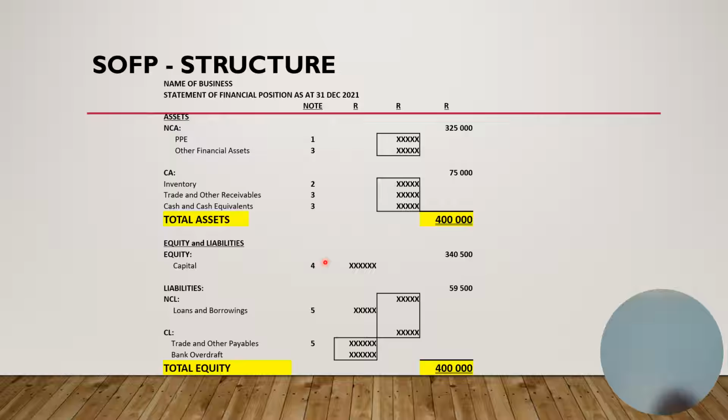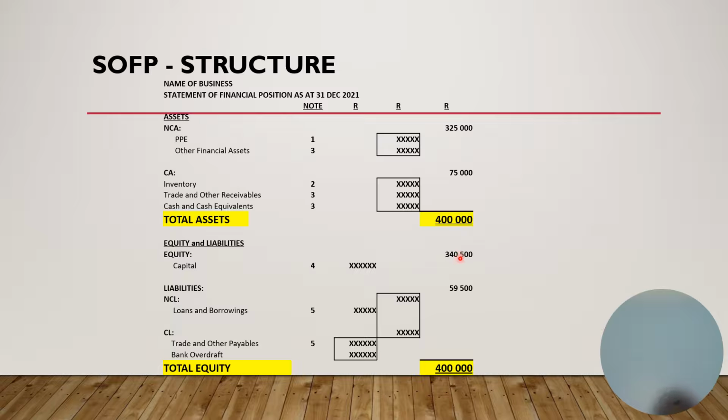Normally we will have our opening balance of the capital when we do the calculation, and then from the income statement or statement of profit or loss, we have that net profit. We add it to the capital, and then we minus the what? The drawings, and then we get the total, which we put here. So this is our total equity.